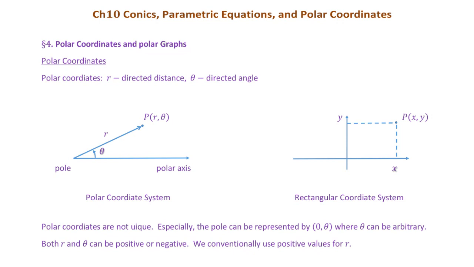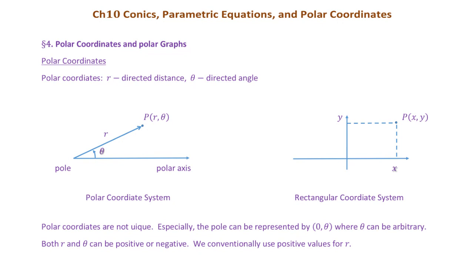You can add an angle of 360 degrees, or 2 pi in radians, or subtract 360 degrees, or rotate multiple cycles, and then you will have different values for the angle theta. That's essentially because of the periodic nature of the polar angle.